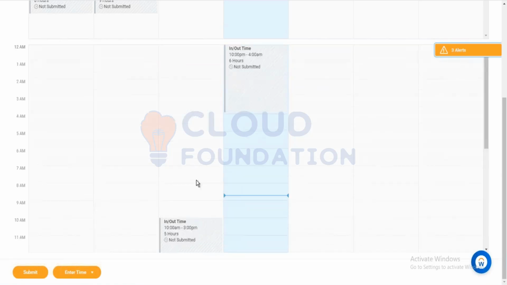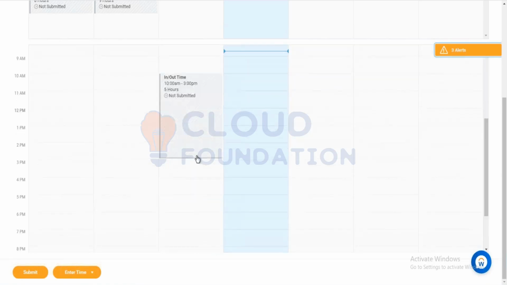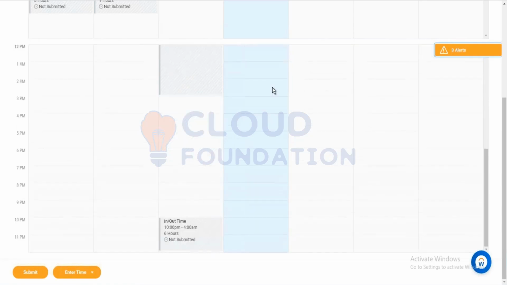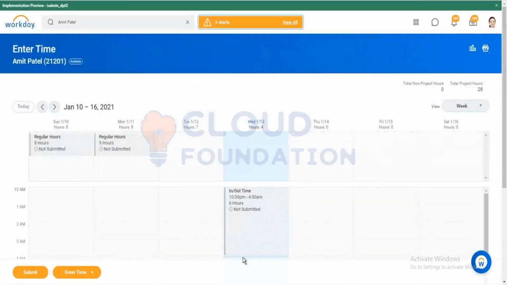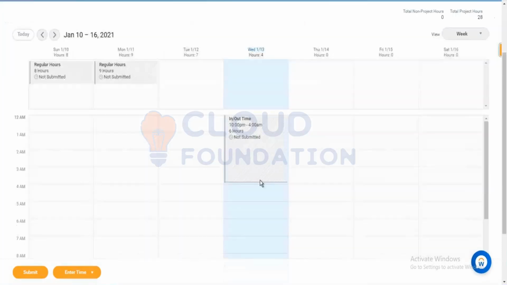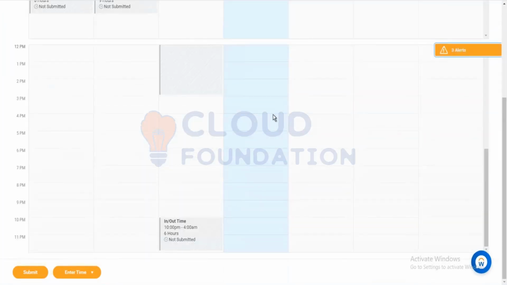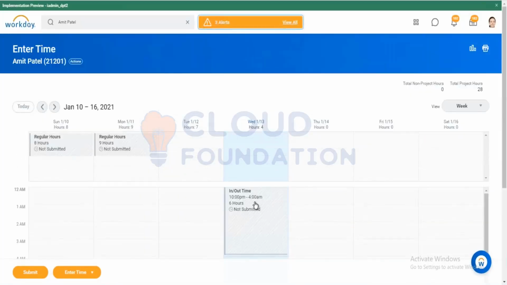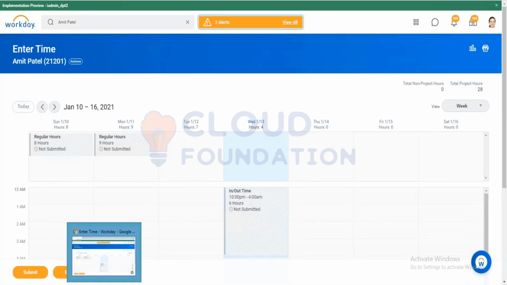End of the shift will always look at the end point, which means the last time out. Here the endpoint would be 4 a.m., and this whole block from 10 a.m. to 4 p.m. would always be considered a separate shift, and the calculation would work accordingly.